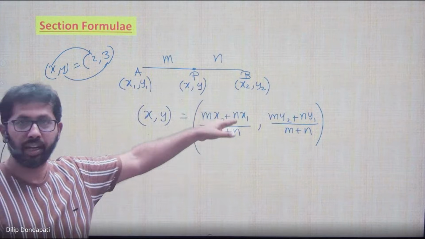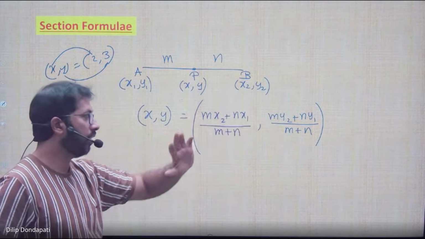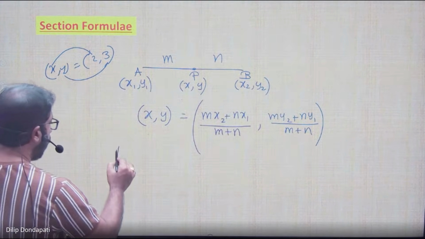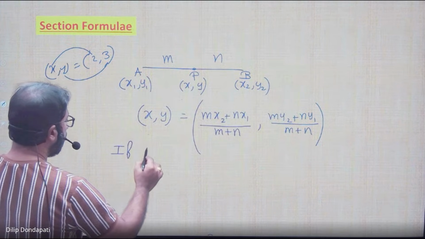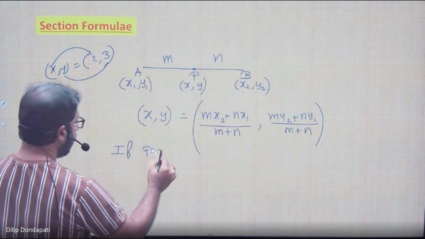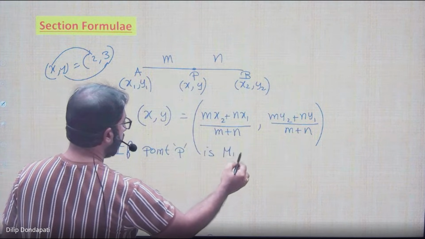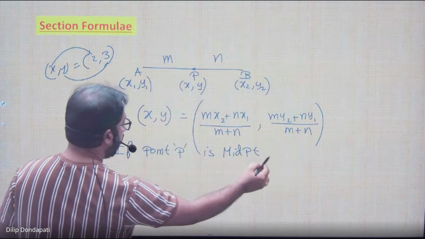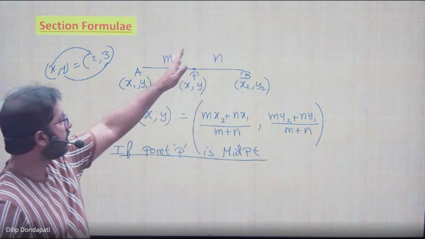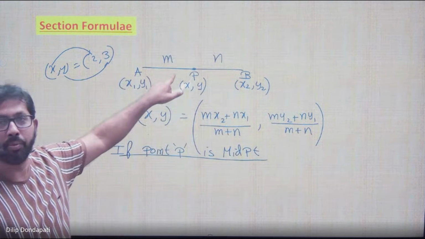First, in ascending order m will come, that's why m first then n, and here is x and this is y. Okay, suppose point P is the midpoint, tell me what is the ratio here. 1:1.